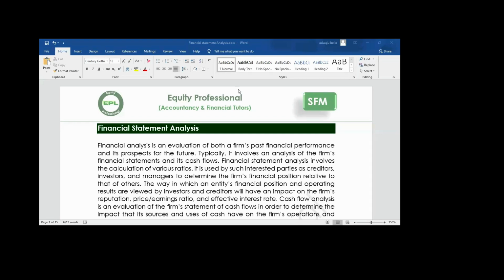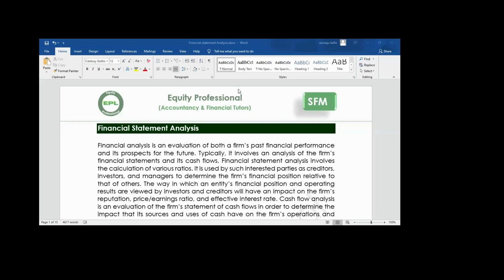Financial analysis is the evaluation of a company's financial statement with a view to determining the company's past financial performance, and also to assess the company's future financial prospects.